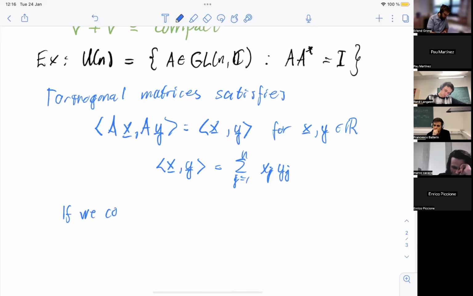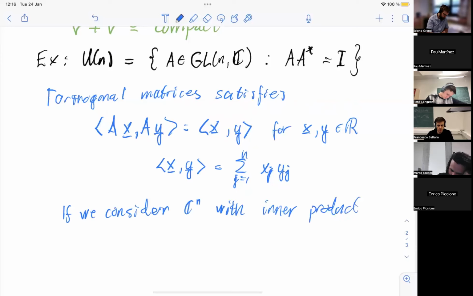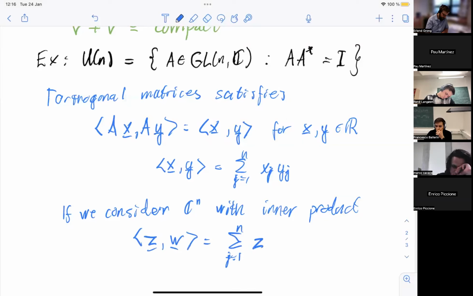If we consider Cn with inner product, let's call it z dot w, equal to the sum over j equal 1 to n of z_j w_j, and then you need to put the conjugate on top there.